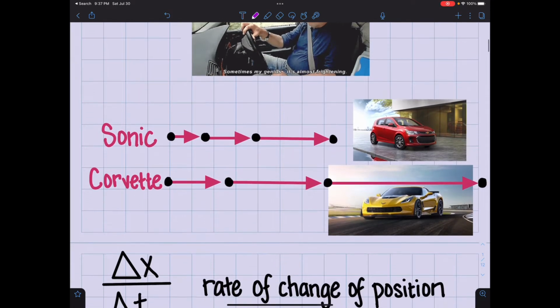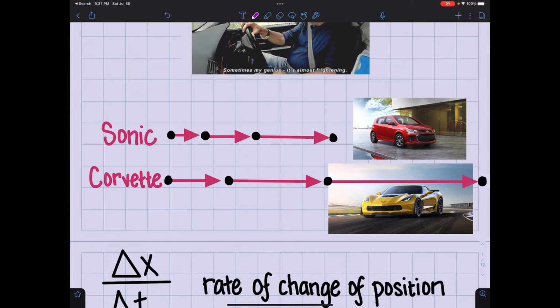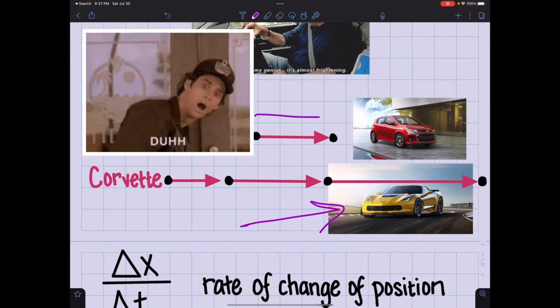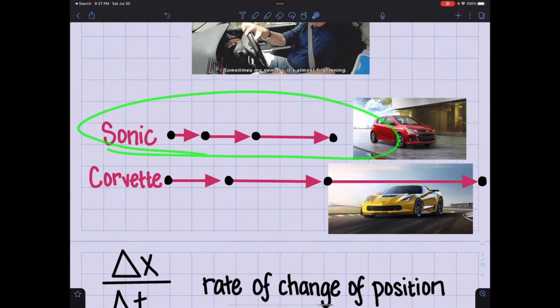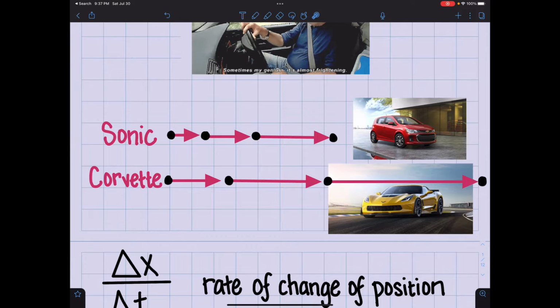Here are two examples of cars. We have the Corvette right here, the yellow one, and the Sonic right here, this red one. Now, I think you can tell by looking at them which one has more acceleration. But if you look at these velocity vectors, you can also tell which one accelerates faster.